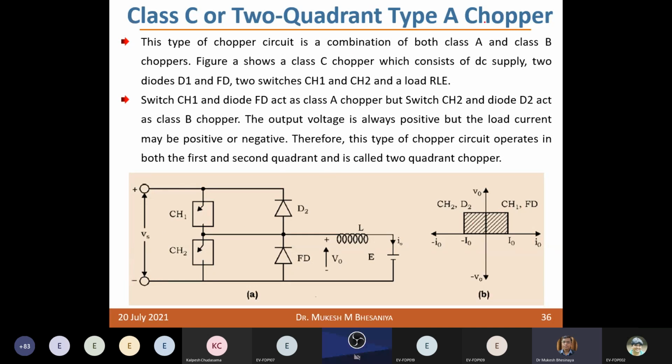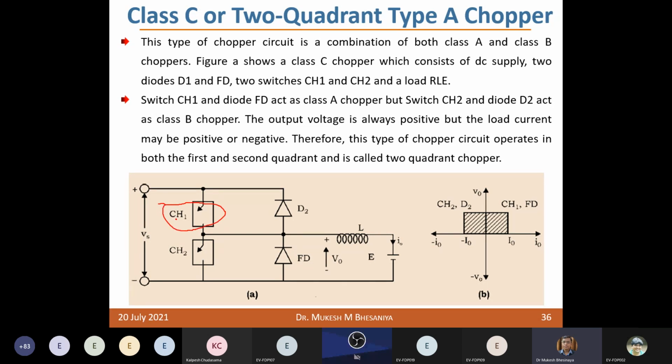This is a half bridge configuration, which is also known as a class C chopper or a two quadrant chopper type A, because in a two quadrant you have two types of chopper. Either you operate in quadrant 1 and quadrant 2, or you have a configuration which operates in quadrant 1 and quadrant 4. By using these two switches, this is nothing but a combination of a step up and a step down chopper.